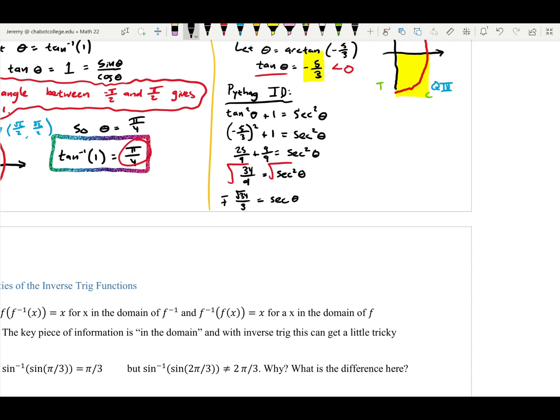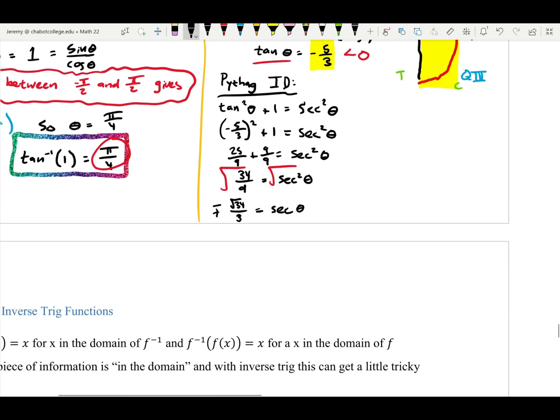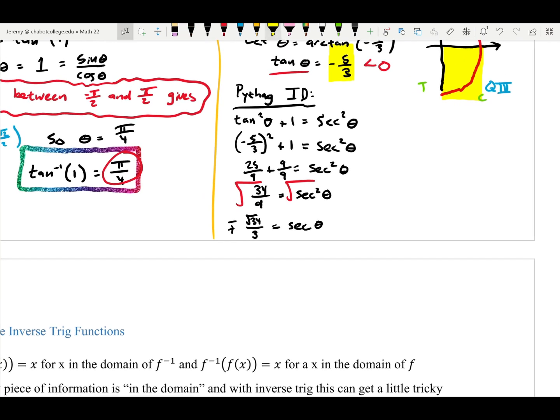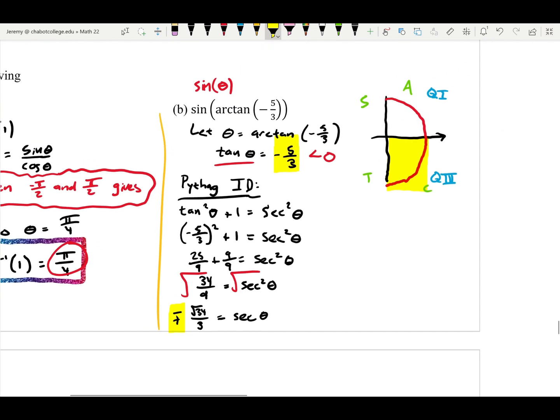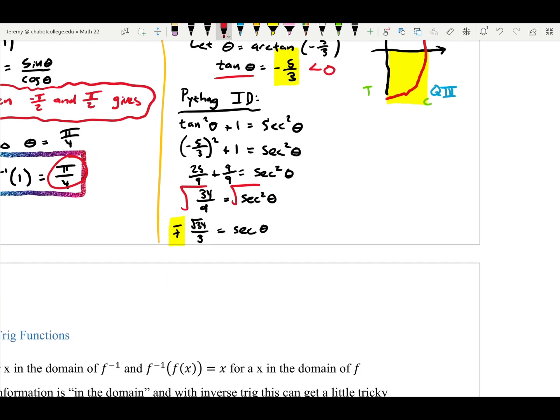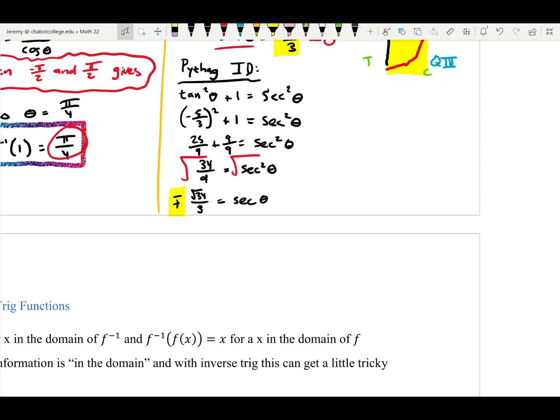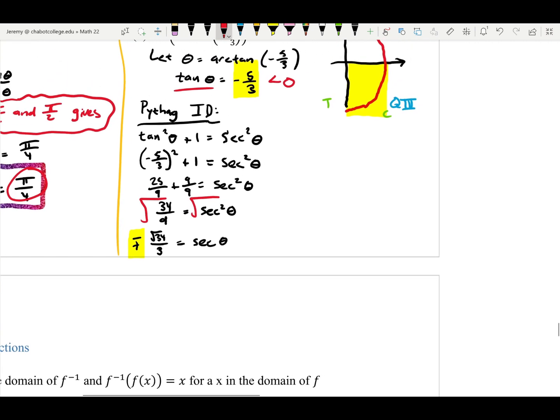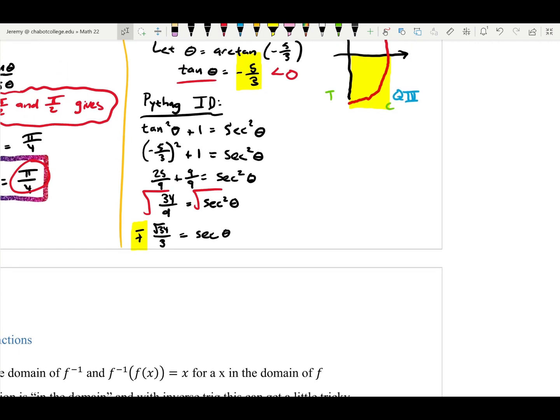Okay. So now usually we get to this point in these problems where it's like, okay, plus or minus, which is it? Is this going to be a positive or a negative root 34 over 3 for secant? And usually we look to all students take calculus. So secant is just 1 over cosine, right? If cosine is positive, secant is going to be positive.